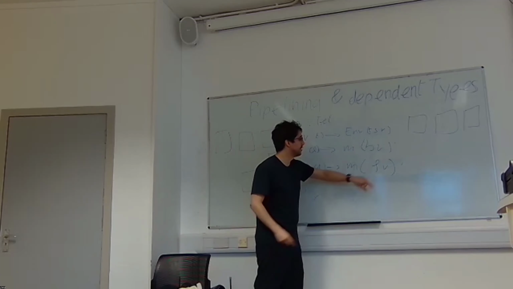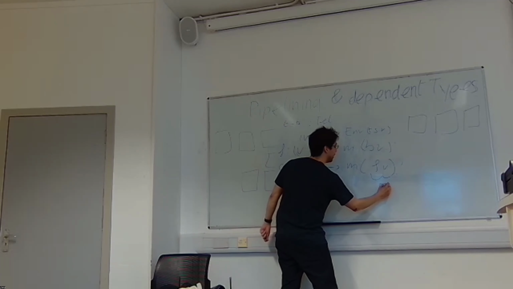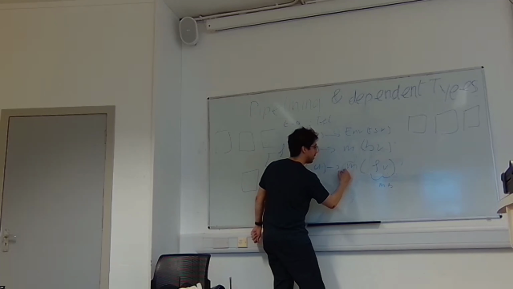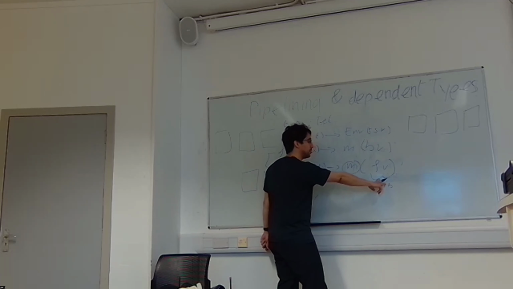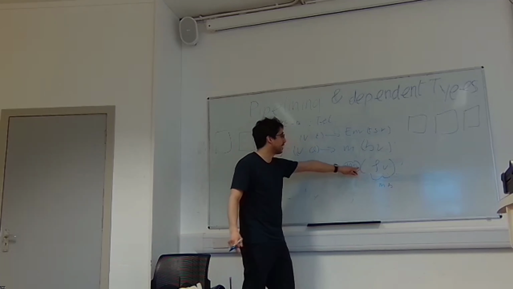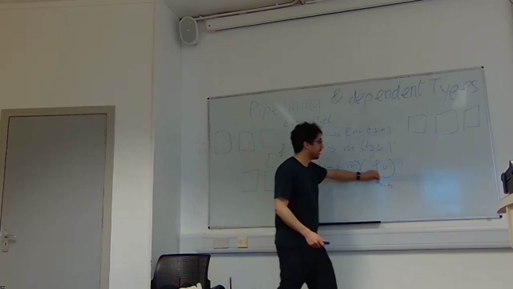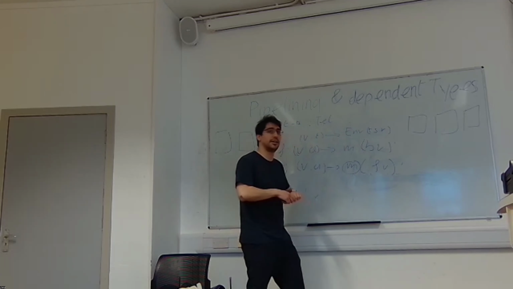Because this is of type M V, but this functor expects a type here, not a monad. We need to somehow extract the V out of this monad to get a value that can be type checked by this function. So the trick that I'm using is that C there.